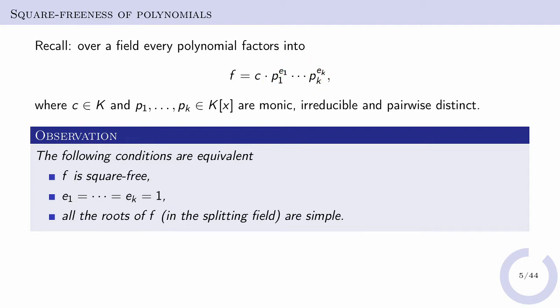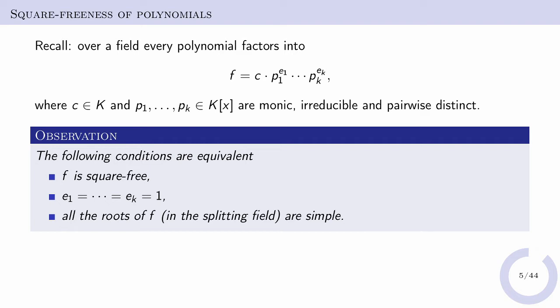And the same argument that I just used for integers implies that this polynomial is square-free if and only if all these exponents are equal to 1. So if and only if f factors into a product of first powers of distinct irreducible monic polynomials.